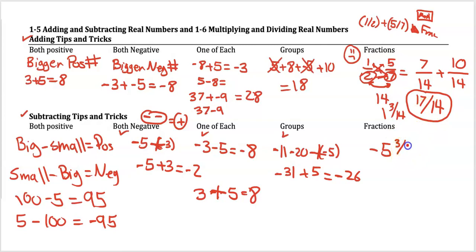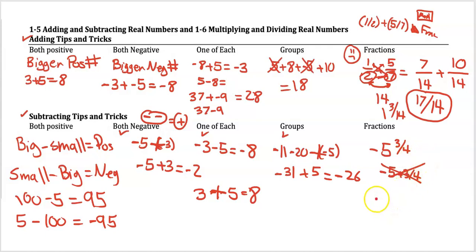A common mistake, if people are putting these in their calculator or trying to convert them, is they'll do negative 5 plus 3 divided by 4. That is wrong. Your calculator is going to do the division first and then add it to negative 5. It's negative 5 and 3/4.